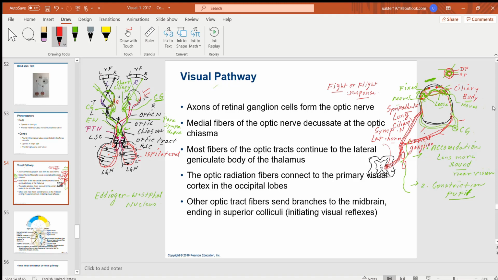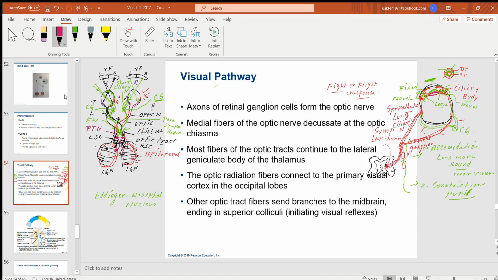Makes sense? In this case the ciliary muscle will relax. When the ciliary muscle relaxes, the zonular or suspensory ligaments will pull the lens outwards. So the lens will get flat, instead of round, just opposite of parasympathetic.